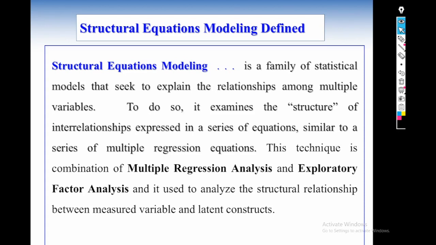To do so, it examines the structure of interrelationships expressed in a series of equations, similar to a series of multiple regression equations. This technique is a combination of, or we should have an idea of, multiple regression analysis and exploratory factor analysis, and it is used to analyze the structural relationship between measured variables and latent variables.